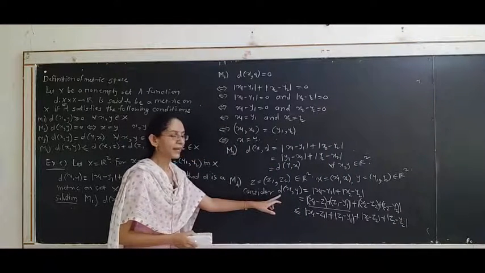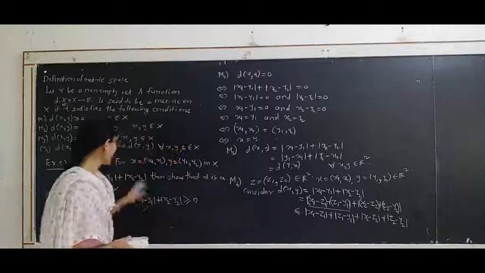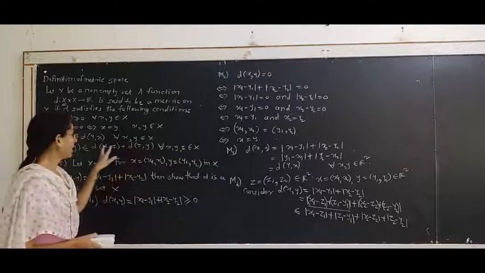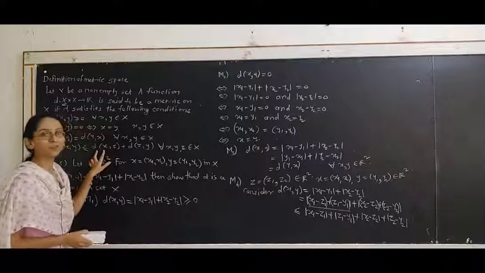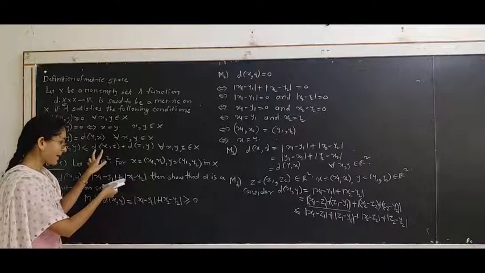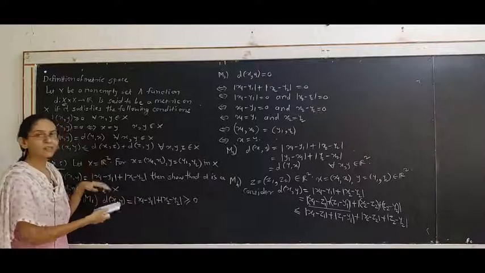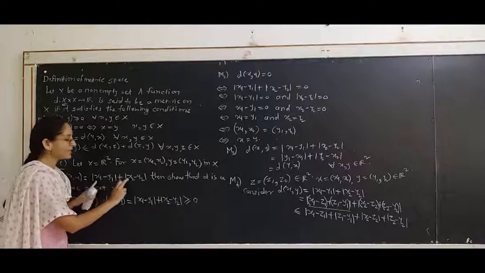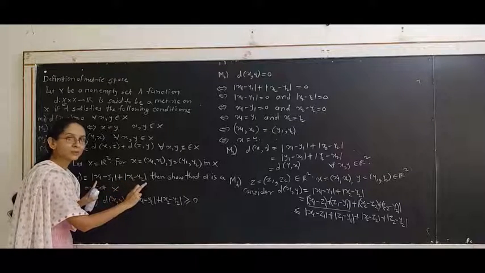We have to prove that d(x,y) is less than or equal to d(x,z) plus d(z,y). The value of d(x,z), by the given definition, will be mod of x1 minus z1 plus mod of x2 minus z2.